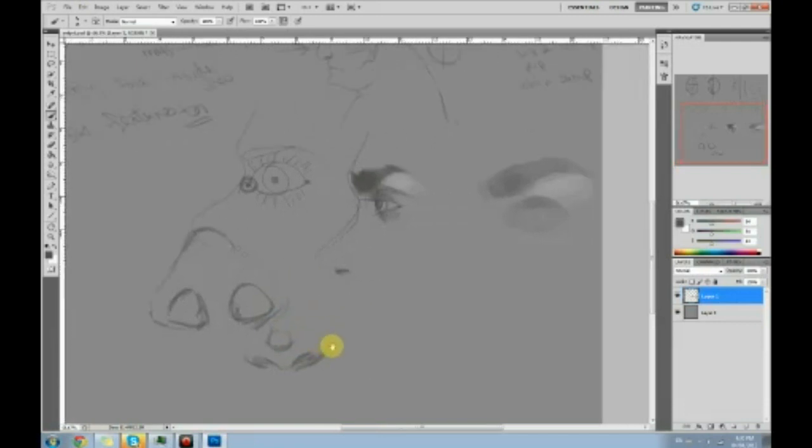When we see it from the side, we're still seeing one part only, this inner part here. So in front view we're seeing the bottom part, and in side view we're seeing the inner corner.